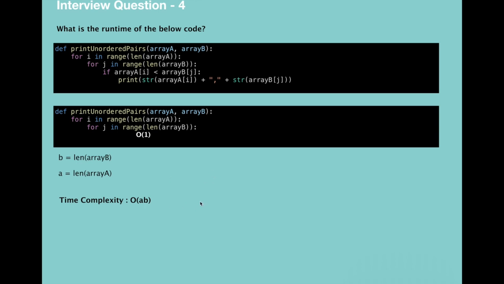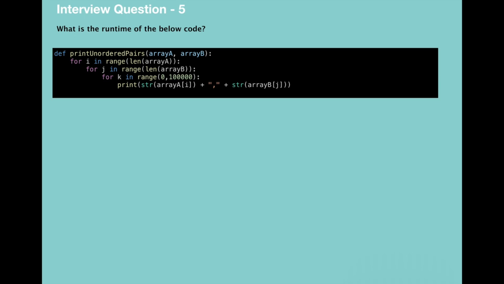This is an extremely common mistake because here as an input we have two different arrays, and the outer and the inner loops run through completely different arrays. If they were the same arrays inside these loops, then the runtime would be quadratic. Hopefully you understand the concept. Now let's continue to the next question.